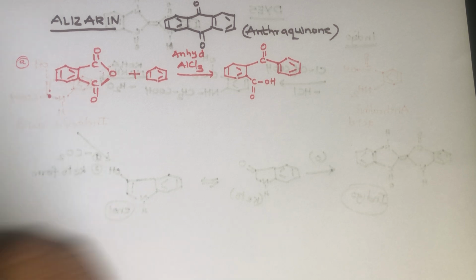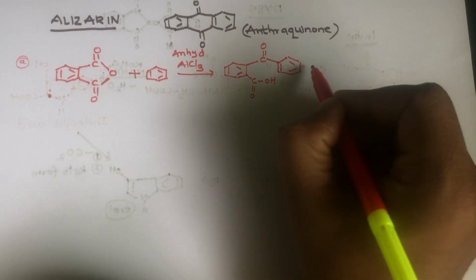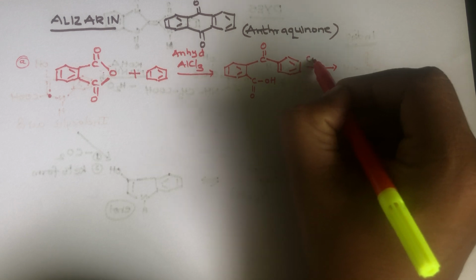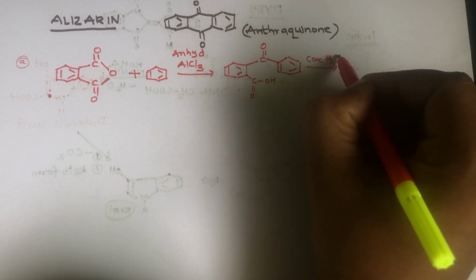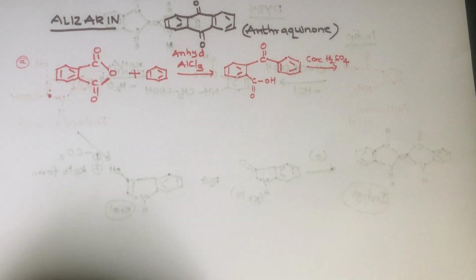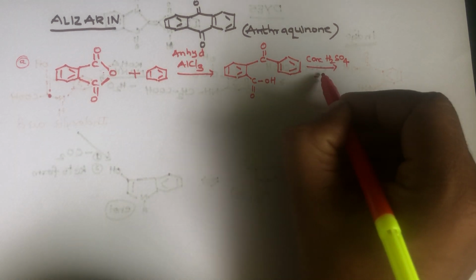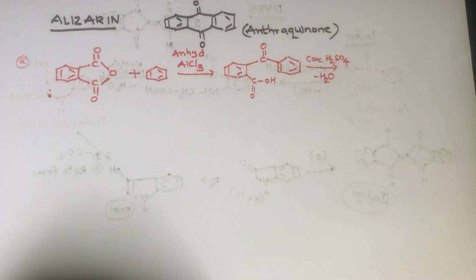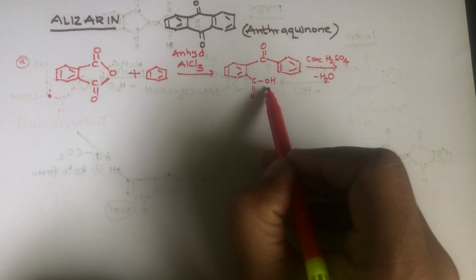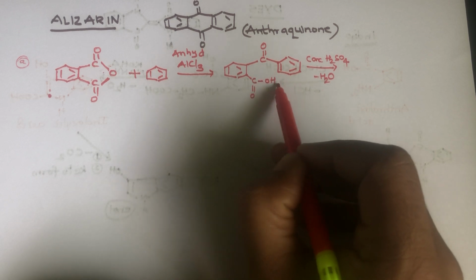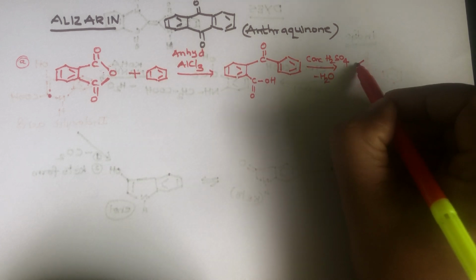Okay, now this, when treated with concentrated H2SO4, you know that concentrated H2SO4 is a dehydrating agent, that is, it removes water. So OH and H goes from here, and a bond is formed between these two. So you are going to get an anthraquinone.